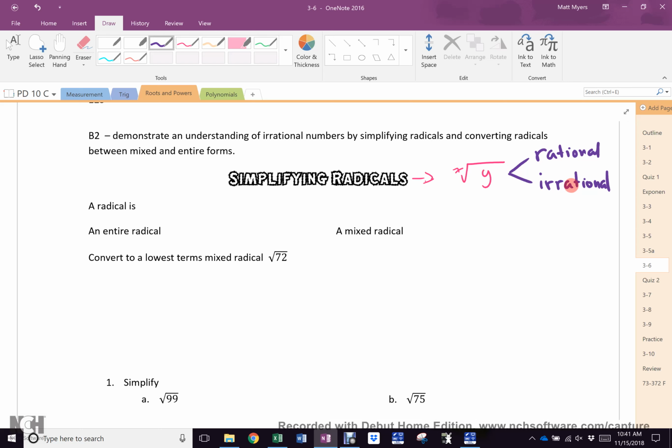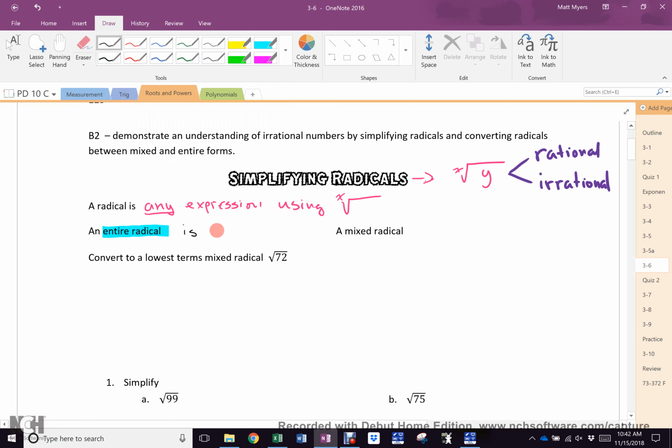Okay? So, a radical is any expression using that symbol. Okay? An entire radical, and I'm going to highlight these two because they are different things. An entire radical is 1 times the radical.